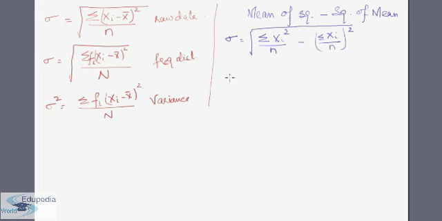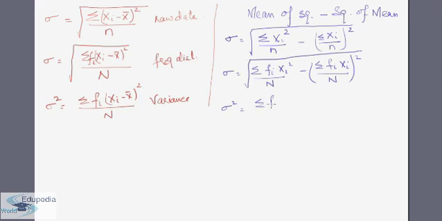In case we have a frequency distribution, this would become summation fi xi squared over n minus summation fi xi by n, squared, and then the positive square root in case it is the standard deviation, and in case it is variance it would simply be summation fi xi squared by n minus summation fi xi by n the whole squared, without taking the root.